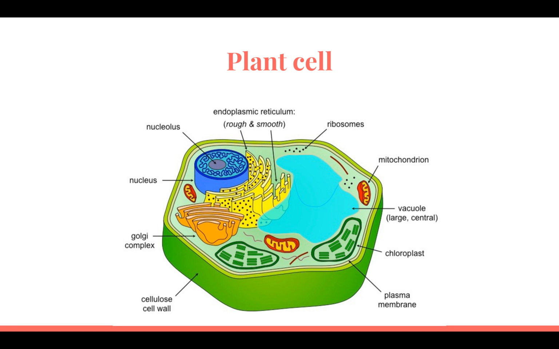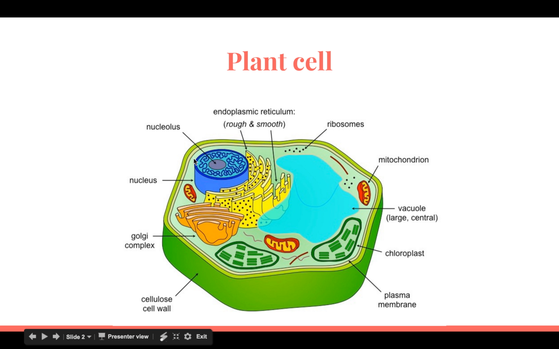All you really need to know for this video is the structure of eukaryotic cells, as I mentioned previously, and this video will only mention stuff that's different from animal cells and eukaryotic cells. As you can see here, most of it's the same. Ribosomes are 80S, endoplasmic reticulum, rough and smooth, or ER for short.